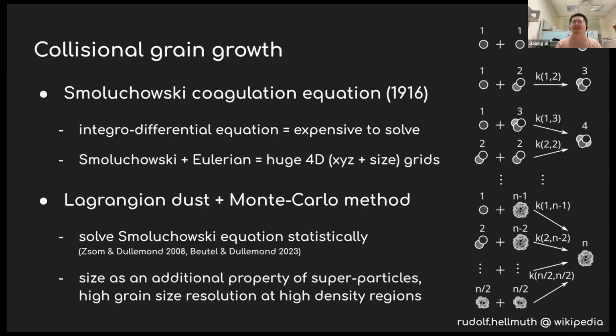But for Lagrangian particles, that would be much easier to handle because size is only one property of each dust grain, and adding that into the evolution doesn't increase the computational cost like what happens with Eulerian methods.